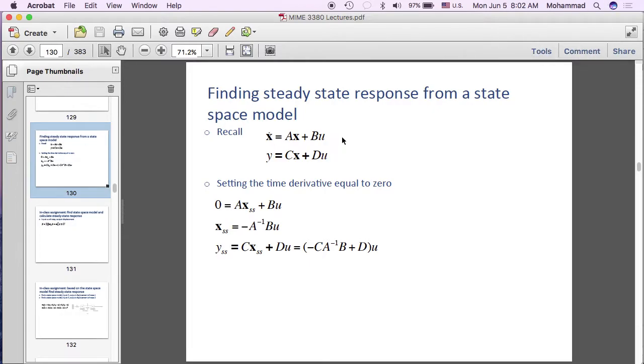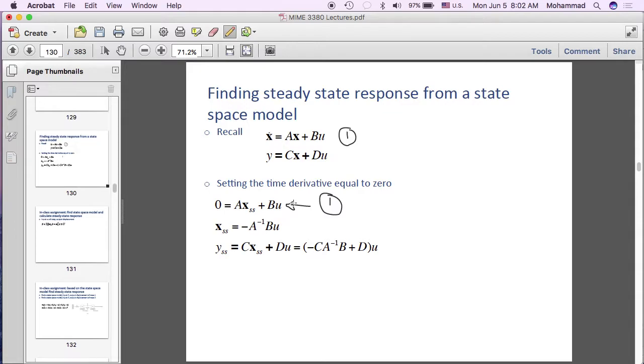So if we call the first portion of the state space model equation 1, from equation 1 you set the dot term equal to 0, which will give you a 0 for the left side of the equation. So 0 is equal to A times x, but not every x. This is x at steady state, so the value of the state vector in steady state, plus Bu, whatever that input is.